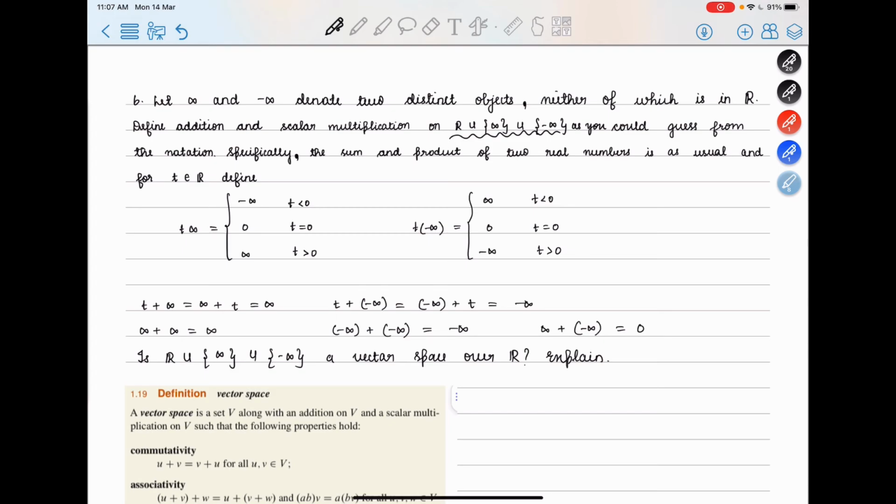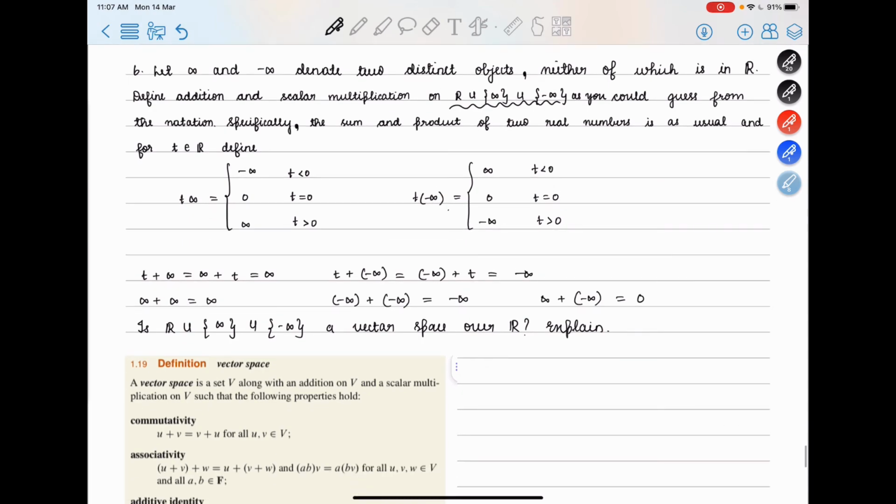The next set of conditions is t times minus infinity is infinity when t is less than 0. t times minus infinity is 0 when t is 0. And t times minus infinity is minus infinity when t is greater than 0.